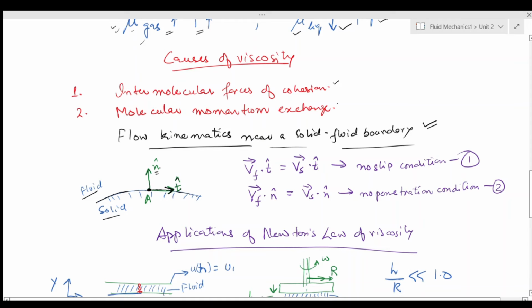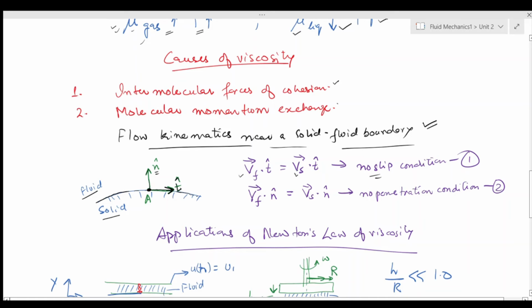Now, because of viscosity, I have a no slip condition, and no slip condition is nothing but that in the tangential direction, the velocity of fluid Vf would be the same as the velocity of solid. This is known as the no slip condition, and it is one of the most important conditions once we are considering solid fluid interfaces.